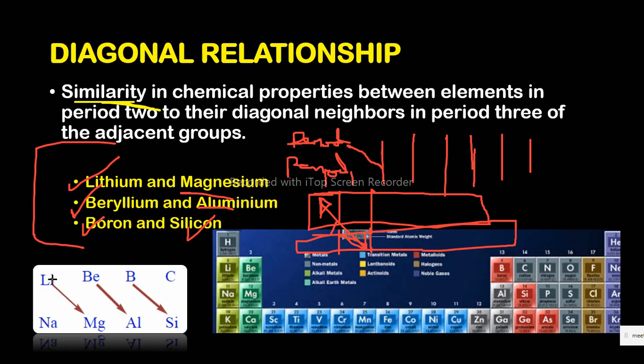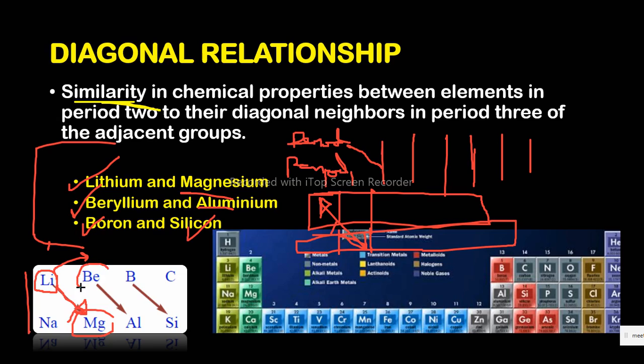So you can see this is lithium, and lithium is in group 1, but it has some similarities in chemical reactions with magnesium. They are reactions where both undergo the same. In other words, one deviates from other members in that particular group.